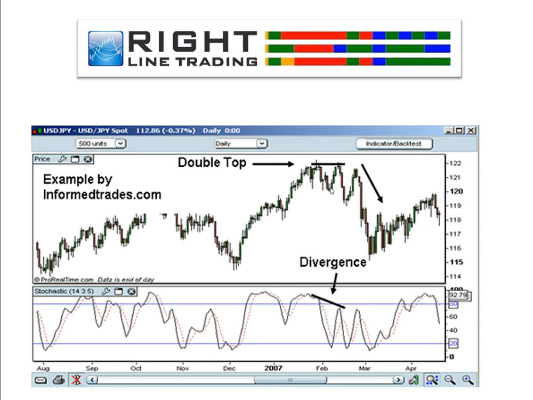So the rate of change of speed in price as it accelerates up to that second top is less than the previous top. If you'll notice, it tried to make a third top on equal momentum.